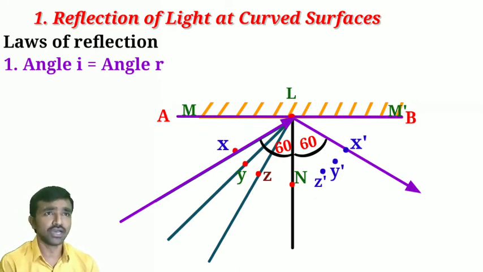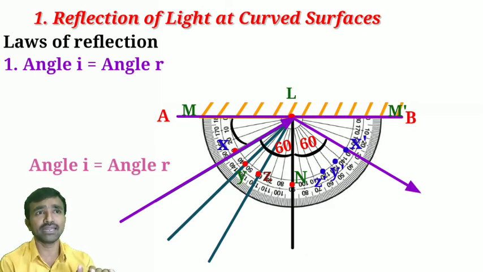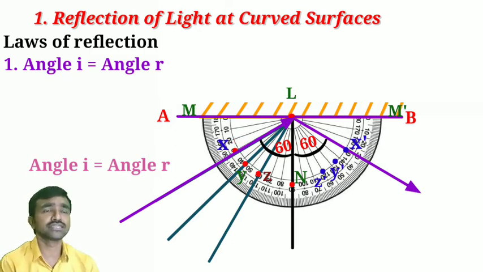According to this observation in this activity, we will say that angle of incidence is equal to angle of reflection. The angle of incidence is measured between the normal and the path of the incident light ray, but not the angle between the AB line and XL. It is the angle between XL and the NL line. That is the angle of incidence.